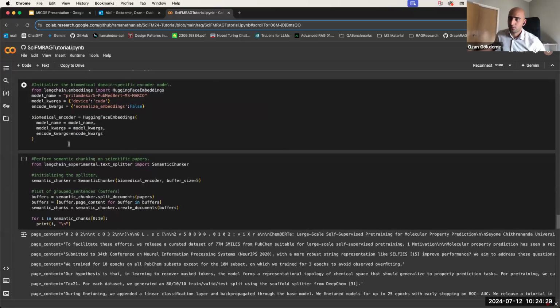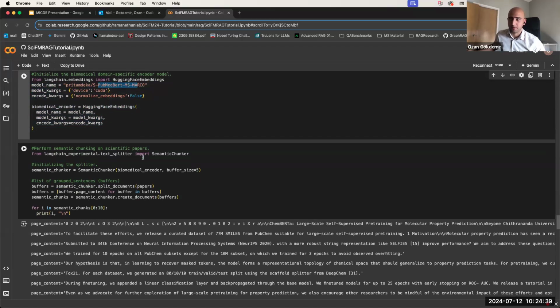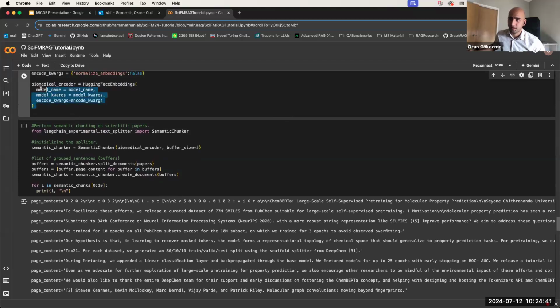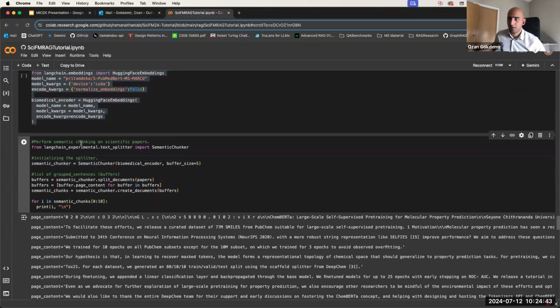So now, since we have 7 papers and they're biomedical, sort of domain specific, we will get a PubMed BERT model to encode them with. Initializing the model there. We use our biomedical encoder, the buffer size of 5, to semantically chunk our papers.